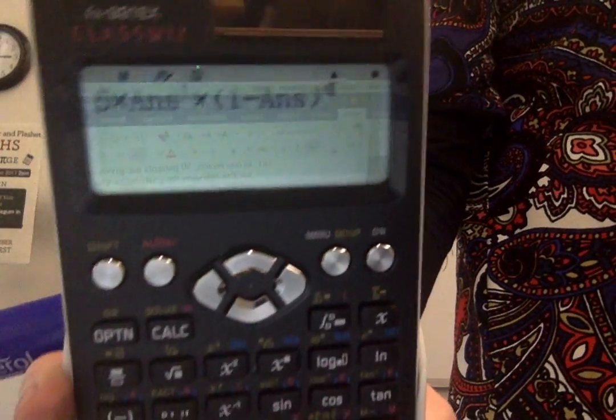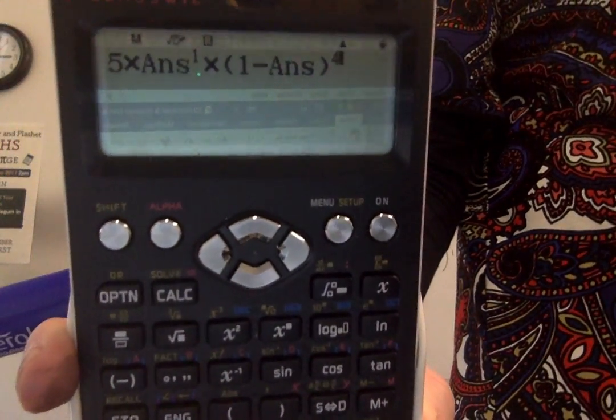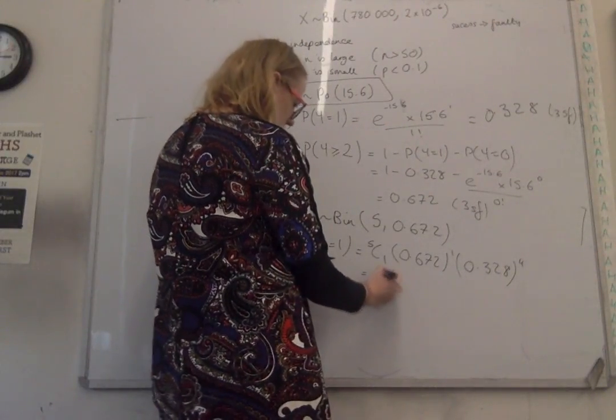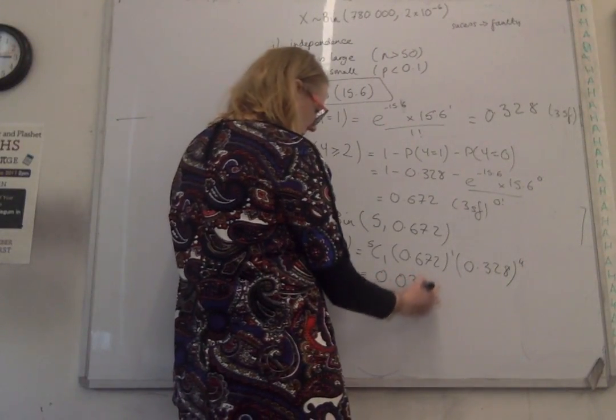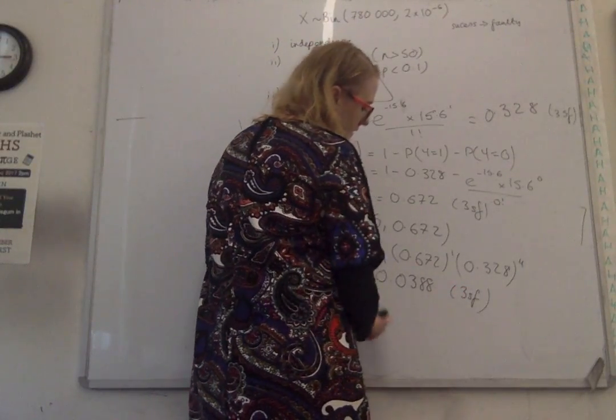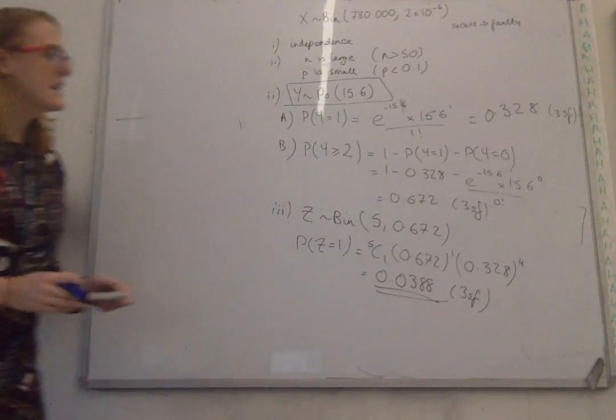You can see on my calculator that's what it looks like. I've just kept that answer in there to ensure accuracy, and I get 0.0388, again to 3 significant figures, keeping my accuracy consistent throughout.